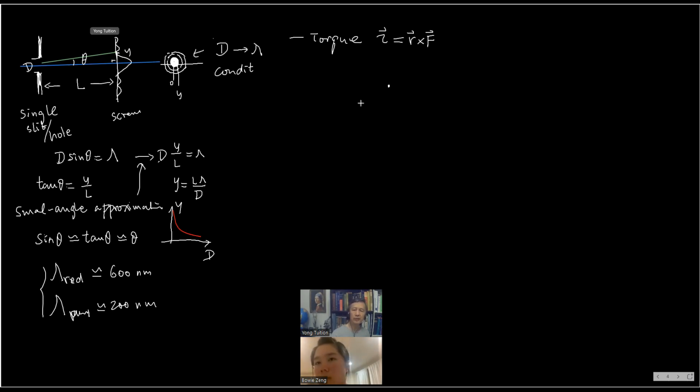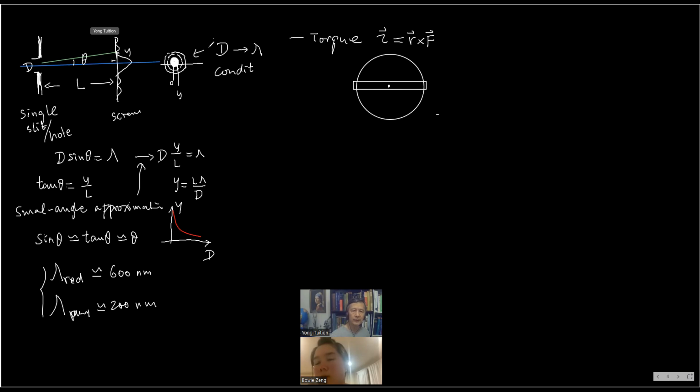Because it's very important to study rotation. If you want to study the rotation, you have to decide what torque is acting on the object. For example, you have the beam here.